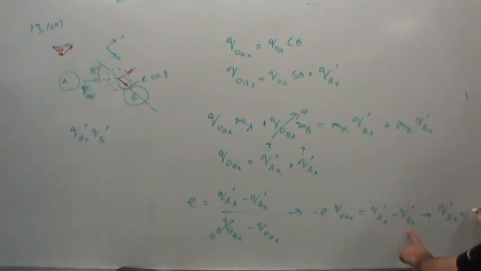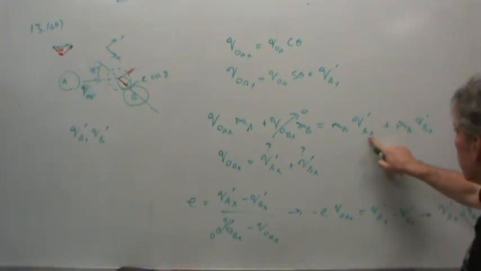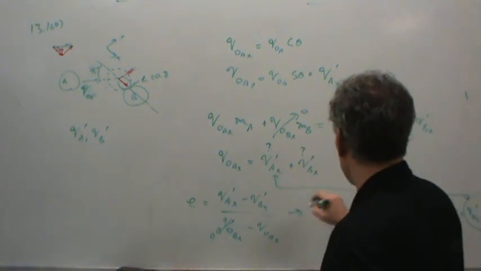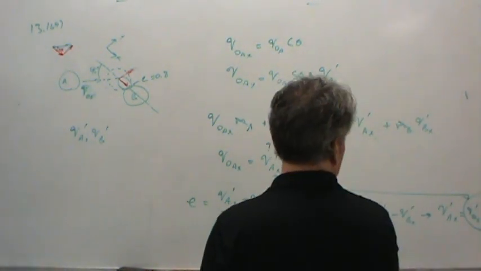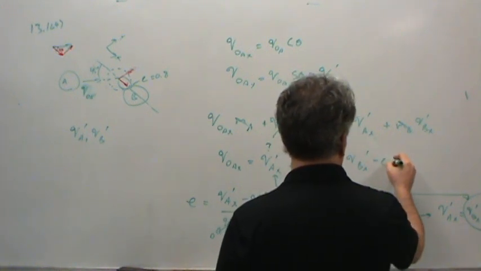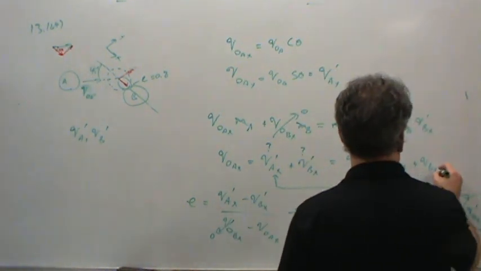That would be equal to V B x after impact minus E V naught A x. So let's take this and plug it in for V A x prime. Right there. So now this would be equal to V B prime minus E V naught A x plus V B x prime.